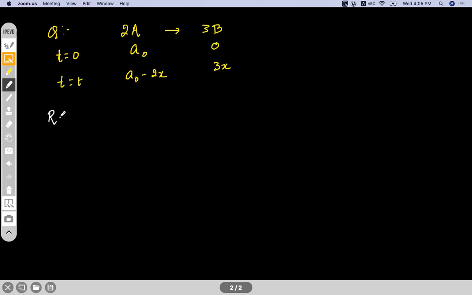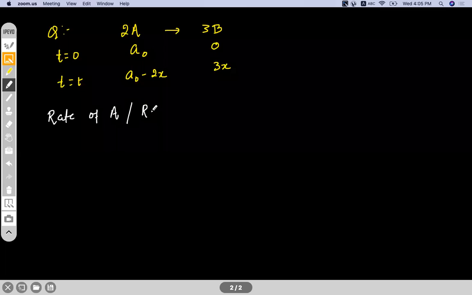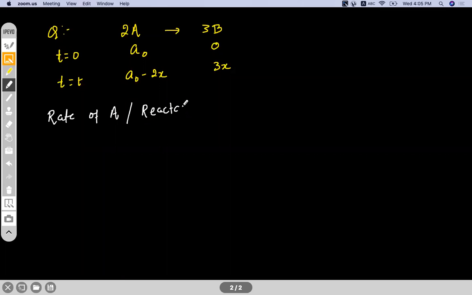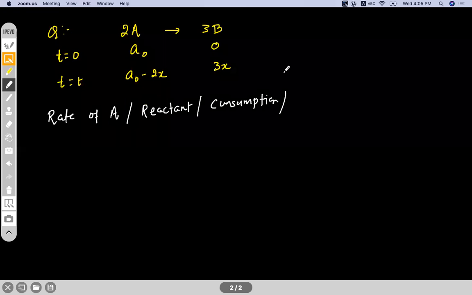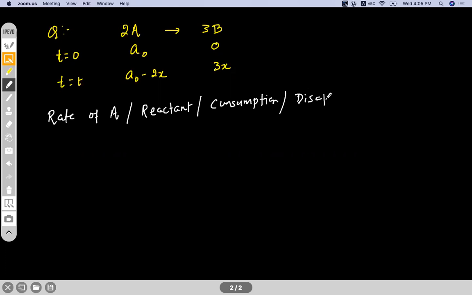The rate of A is nothing but the rate of disappearance of A, or rate of consumption of A. We can also write rate of reactant. That is nothing but rate of consumption, rate of disappearance.